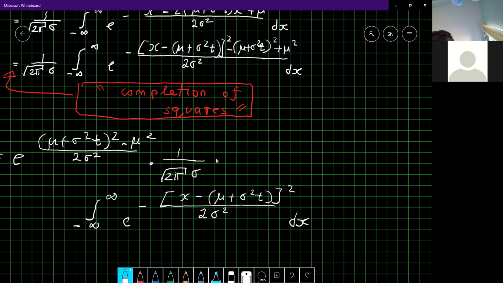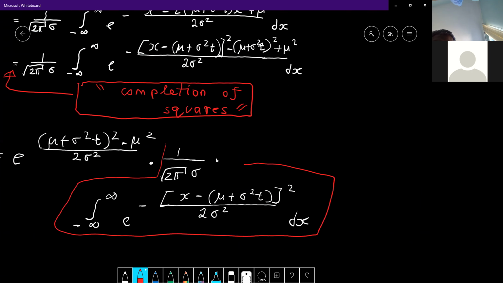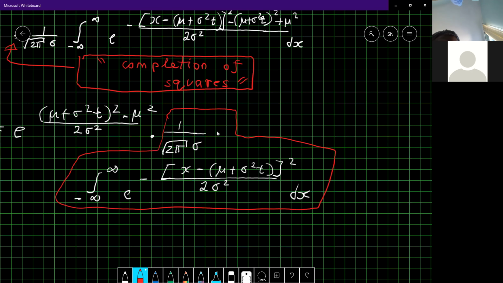Now, let me ask you, what do you know about this thing I have highlighted in red? It is the integral of a density, namely the integral of a normal density, right? Let me write it down.